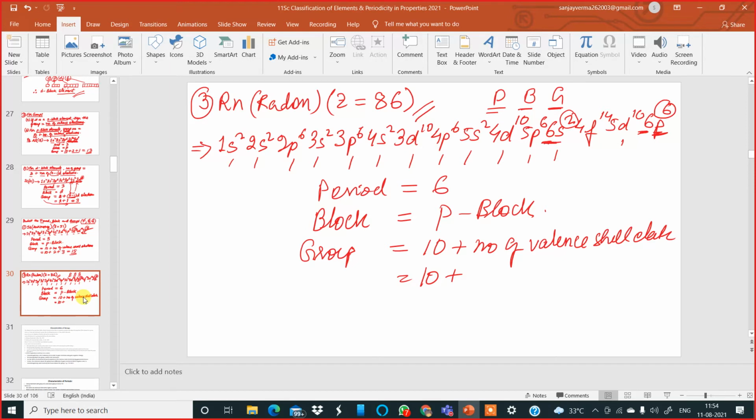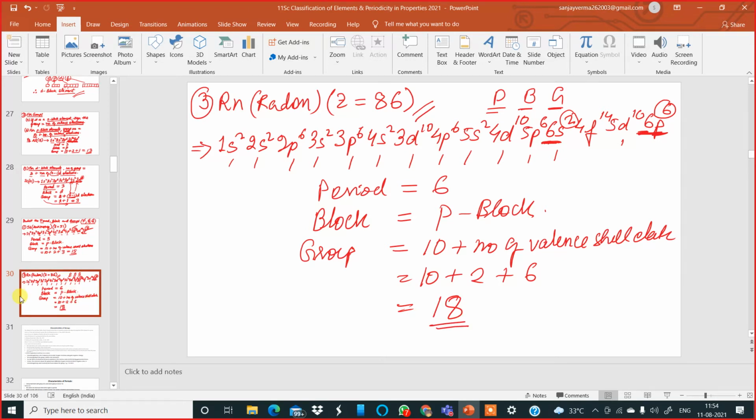The valence is 6s2 and 6p6. It is made up of the S subshell and the P subshell combining to form this valence. So 2 plus 6, no? Yes or no? So 10 plus 2 plus 6 becomes how much? 18. So the group number for radon is 18.